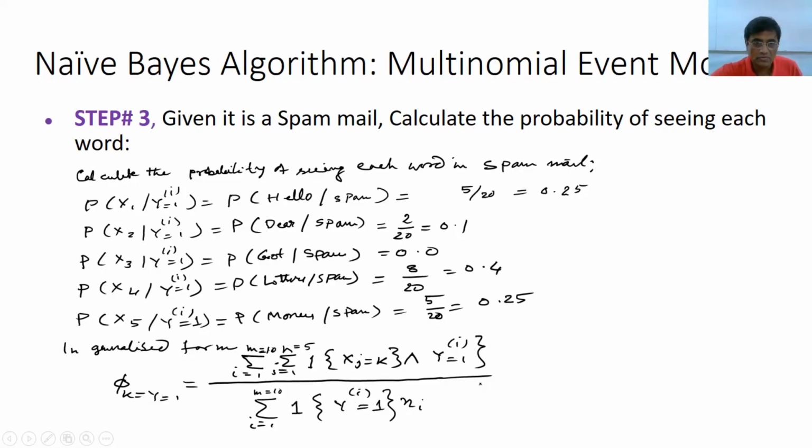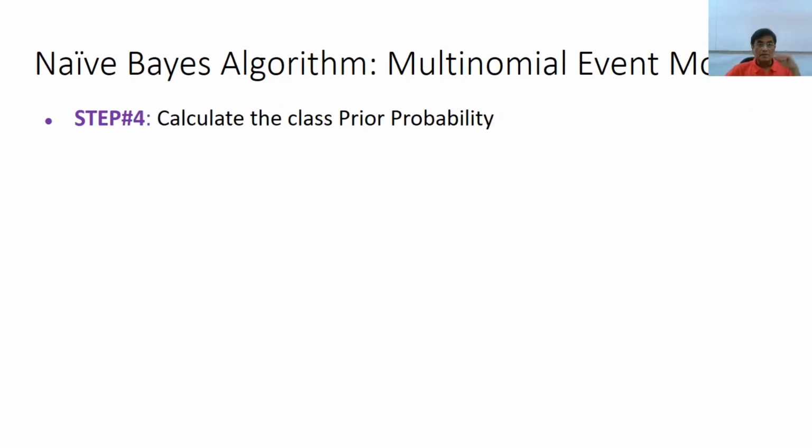So far so good. So we have probabilities, and then we will calculate prior probabilities, the classifier probabilities, because if you do not know the classifier probability, you can assume any value.